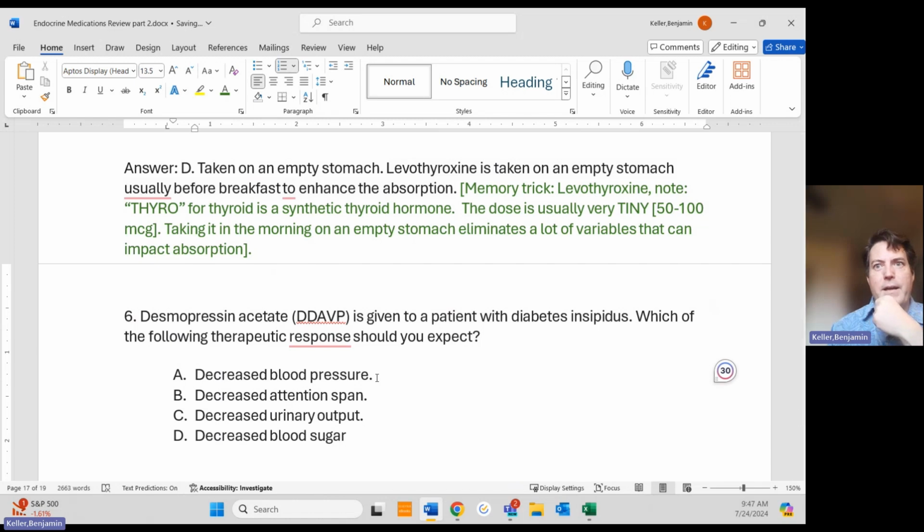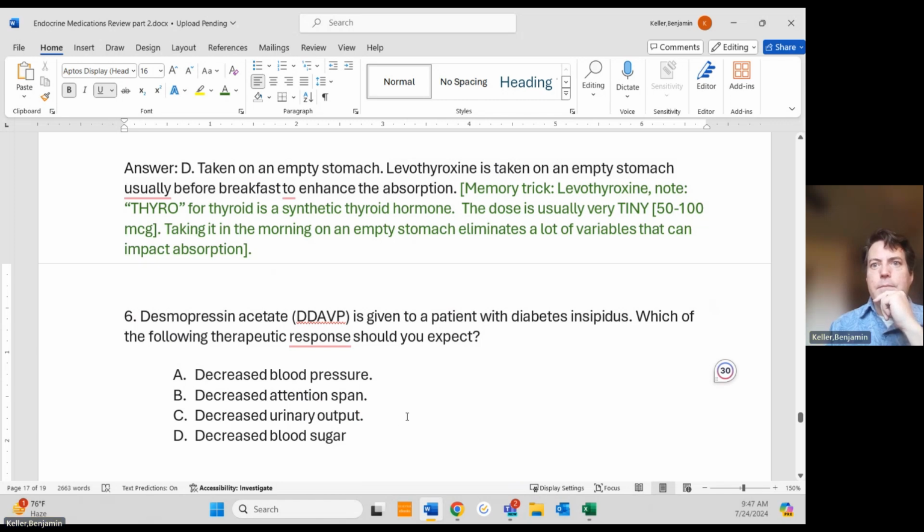No, so that's no good. So we give it to increase blood pressure. So if we're eliminating all of these, the only one we haven't eliminated is decreased urinary output. Do you like that? See how what we did is we took a medication and we asked, what do we know? Let's not collect the right answer. Let's get rid of all of the wrong ones. You should do this with every question too.